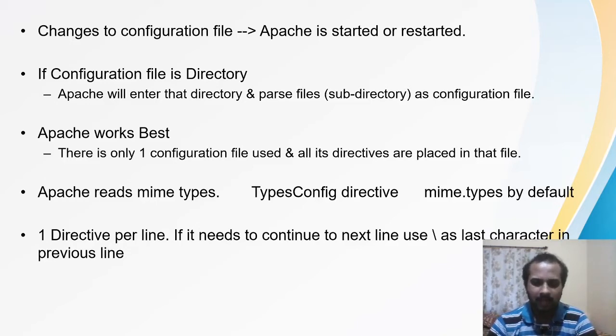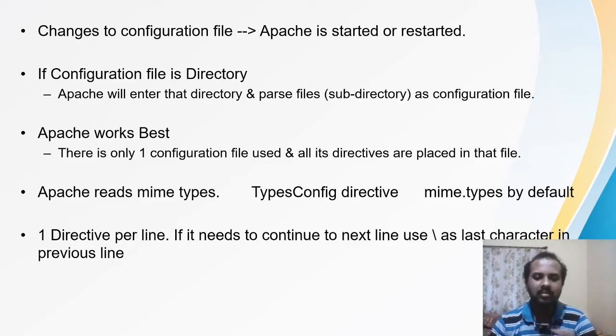mime.types is the default. In the configuration file you are going to have directives, and in one line you are going to have one directive. Let us say the explanation of the directive is very long.